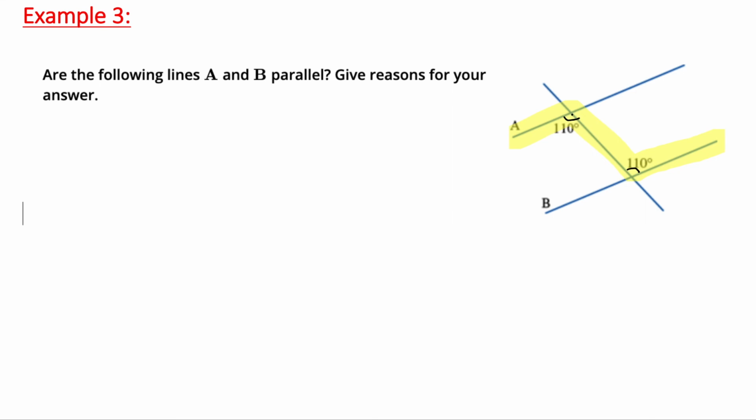When they don't have names, it becomes a little bit difficult. Maybe we should call them angle X and Y. And then we can say angles X and Y are alternate angles.